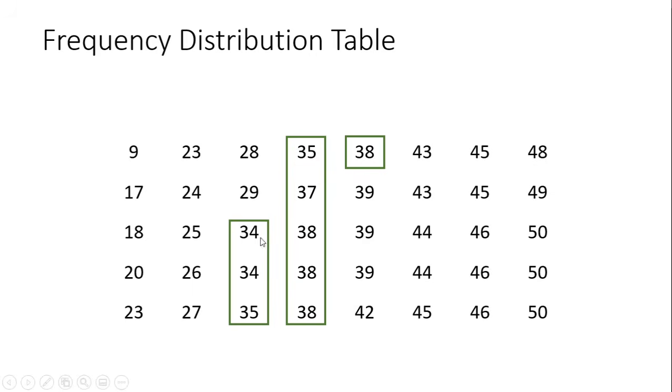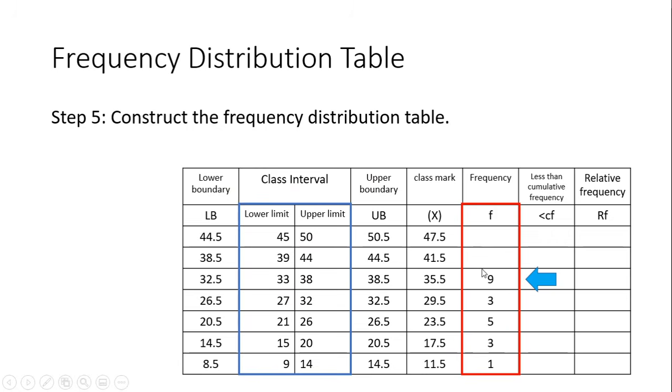So we have 34, it's within the range. Okay, 35 within, 37 within, the 38 is the max number. So with that in hand, how many scores do we have? We have 1, 2, 3, 4, 5, 6, 7, 8, and 9. So place 9.